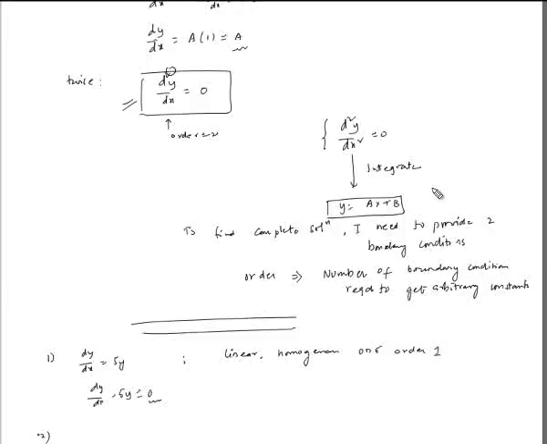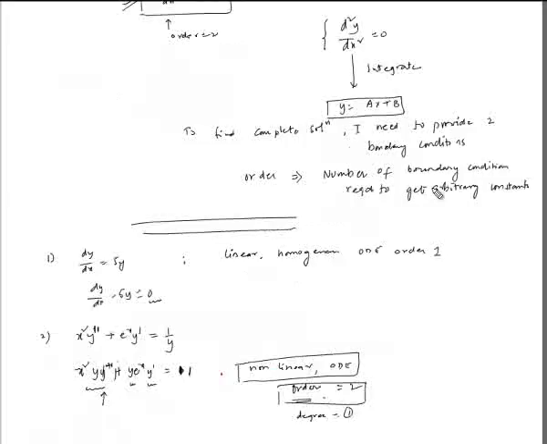Okay, now let me write down another case, which is x square y double dash plus e power x y dash is equal to 1 by y. Okay, so I've just listed out some of the equations here.